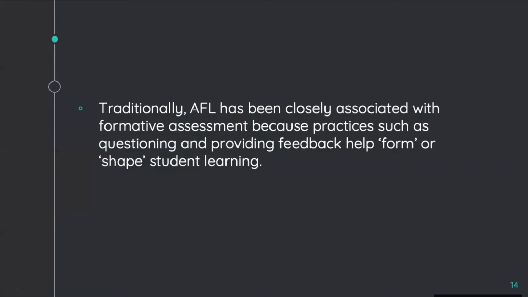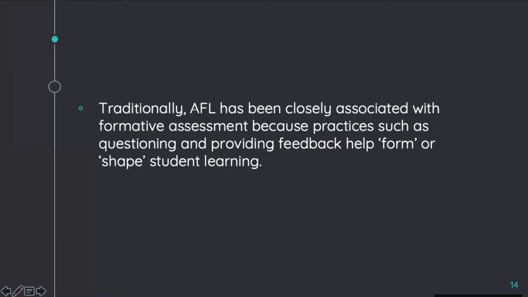Then again, let's try to go through what has been written in books about these two concepts, and we'll try to keep it very simple. What you guys have mentioned so far, all of what you said, is in the literature about formative assessment and summative assessment. Traditionally speaking, AFL has been closely linked with formative assessment, because practices such as questioning and providing feedback help form or shape students' learning.